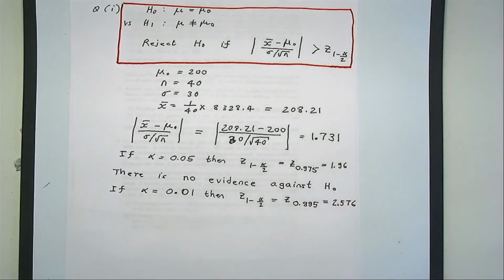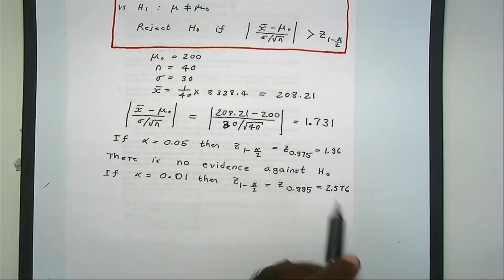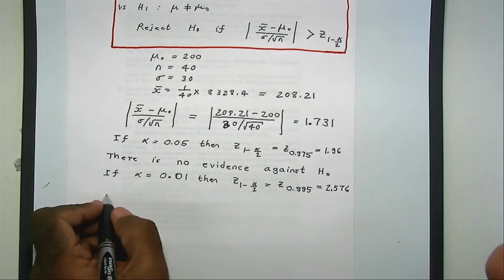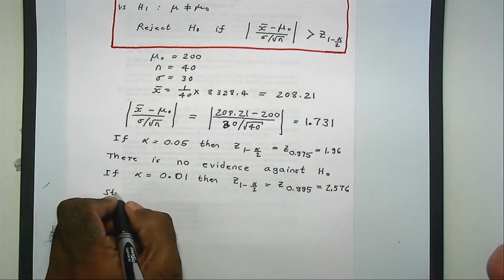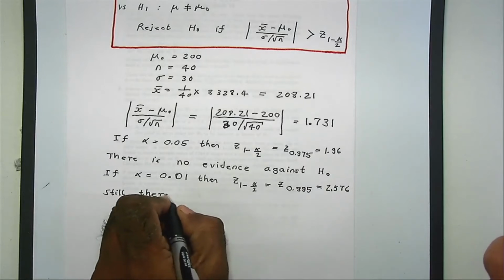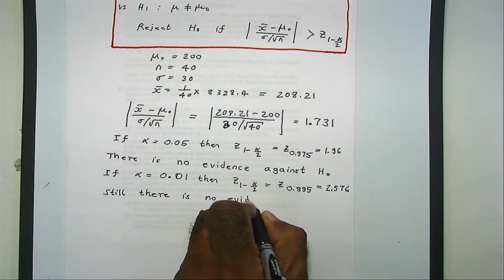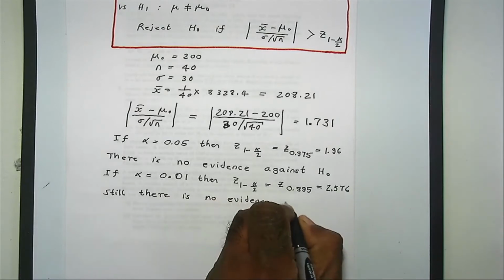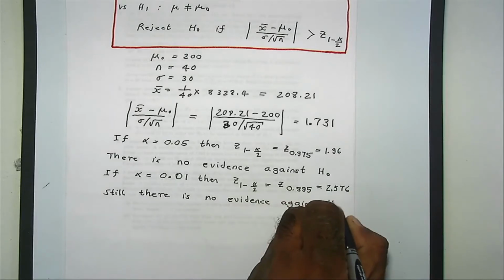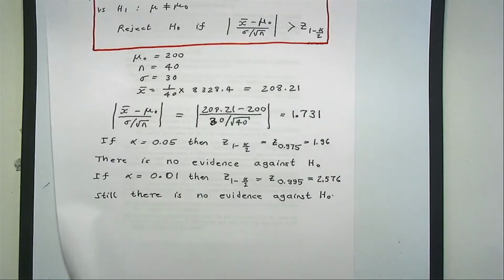So still 1.731 is not greater than 2.576. So still there is no evidence against the null hypothesis. Alright, so this completes the first part of question 1.